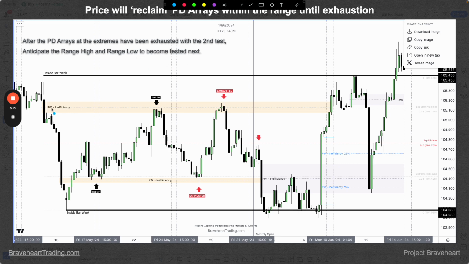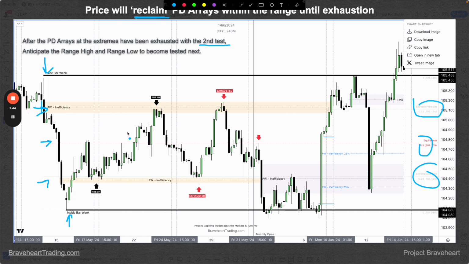When you have the daily range of the inside bar week in this case, and then the valuation, and then you have your PD arrays here, there's a tendency for these small weak ranges to reclaim these PD arrays multiple times. So the magic number is 2 times.